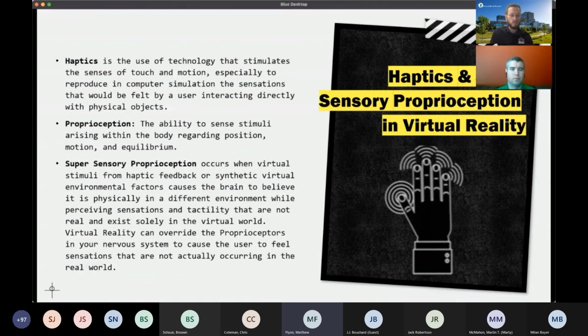So supersensory proprioception occurs when virtual stimuli from haptic feedback or synthetic virtual environmental factors cause the brain to believe it is physically in a different environment while perceiving sensations and tactility that are not real and exist solely in the virtual world. Virtual reality actually can override the proprioceptors in your nervous system and cause the user to feel sensations that are not actually occurring in the real world. I just think that is amazing and just shows the power of this technology.